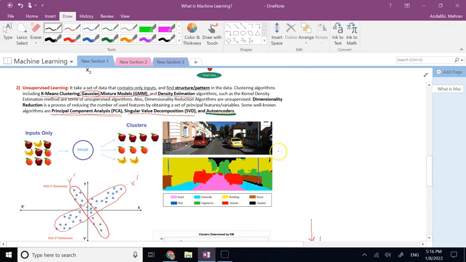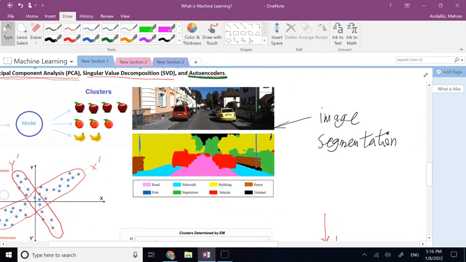Unsupervised learning, one real life example of that could be in what we call image segmentation, right? This is an application in computer vision. If I give you an image and say, break it down into basically coherent areas where each object or each blob, each segment has a separate meaning.